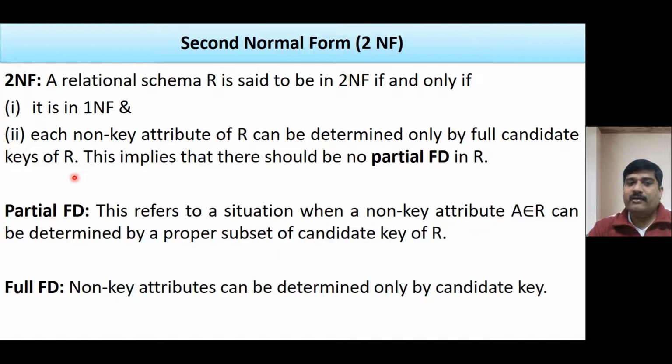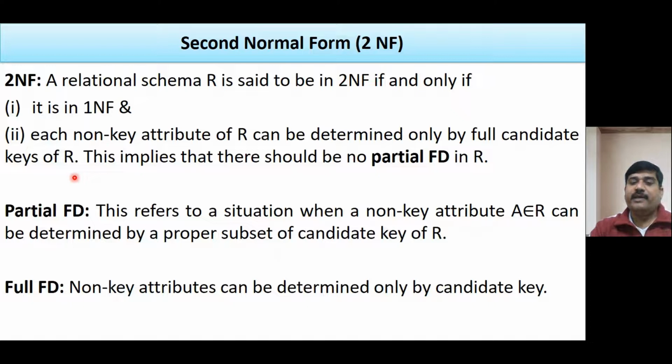As you all know, what is the meaning of partial FD? This refers to a situation when a non-key attribute A belonging to R can be determined by a proper subset of the candidate key of R. If part of the candidate key determines the non-key attributes, then we say that there exists a partial functional dependency.